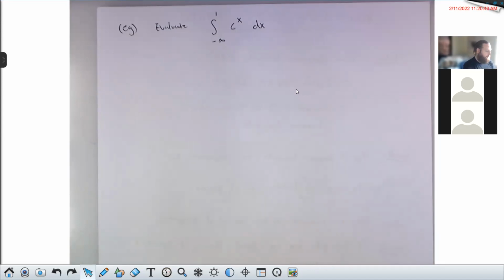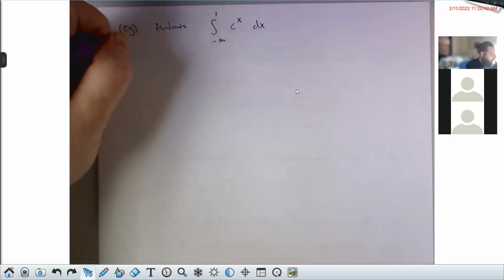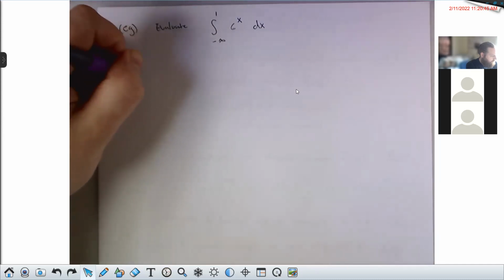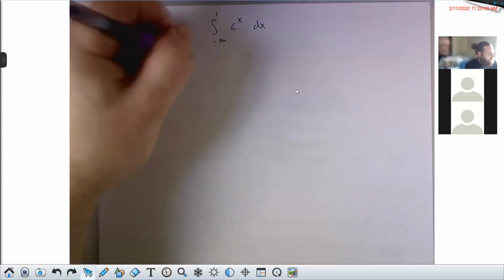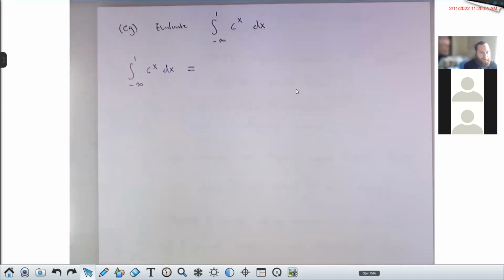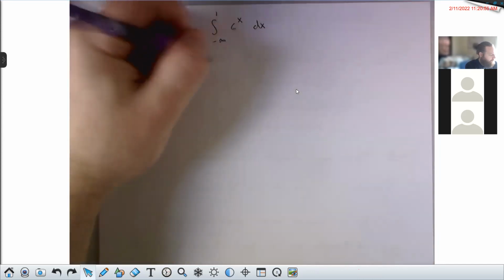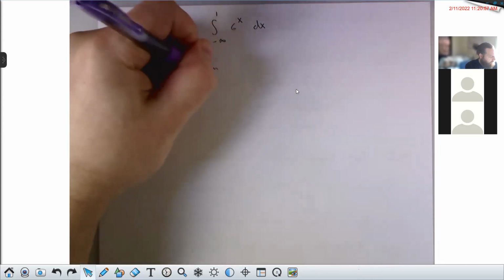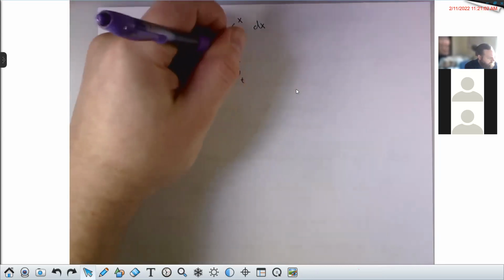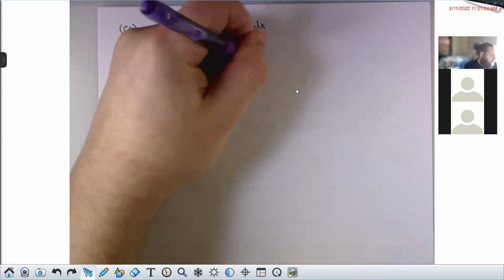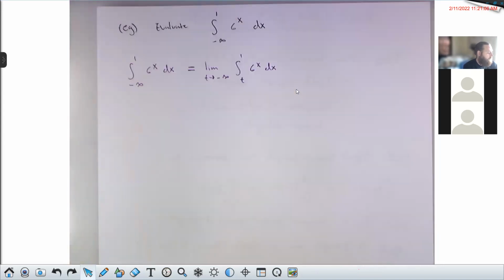And to remind you how this is done, the integral from negative infinity to 1 of 6 to the x dx is a type 1 improper integral, which means we need to write it as a limit. We'll write this as the limit as t goes to negative infinity of the integral from t to 1 of 6 to the x dx.